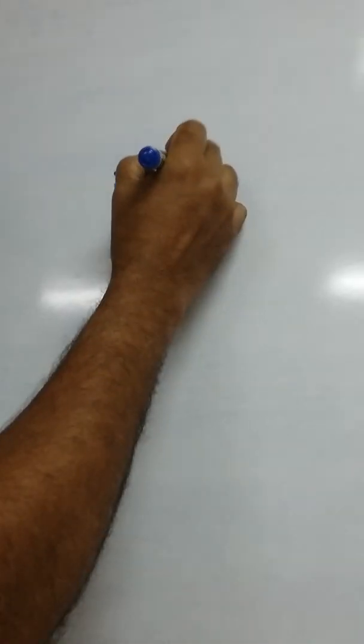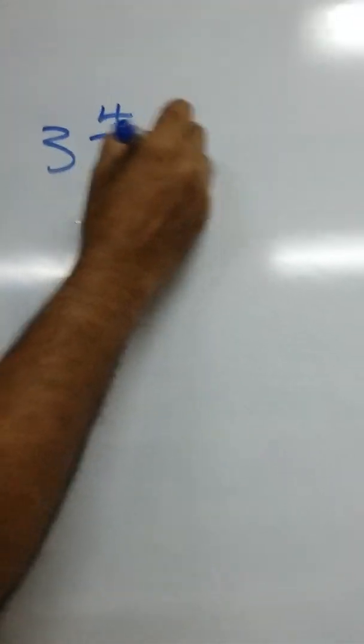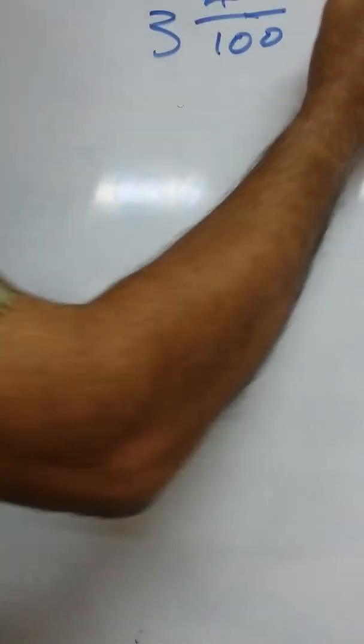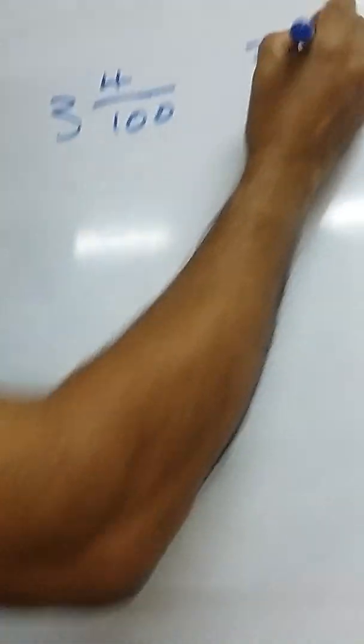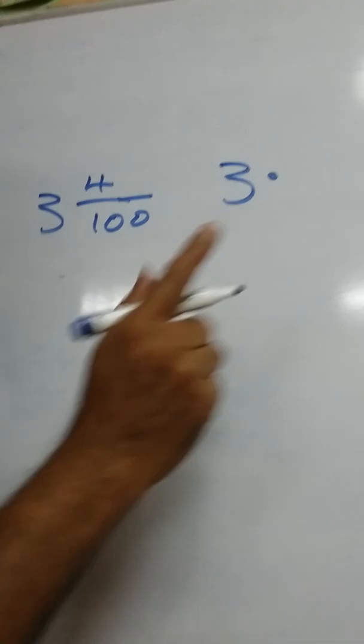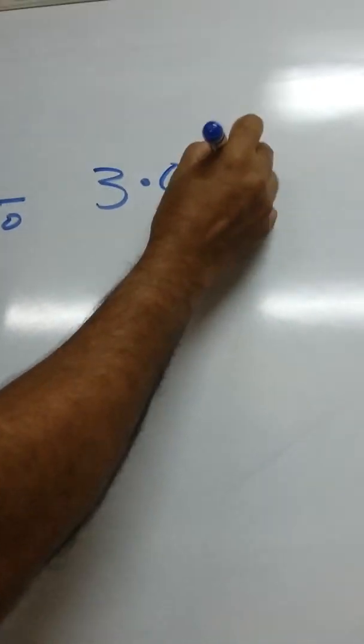I can ask you to write 3 wholes and 4 out of 100 as a decimal. How do you write that? 3 wholes, and you put your point to separate your wholes from your fractions. And how do you write 4 hundredths? 4 hundredths mean we have no tenths and 4 hundredths.